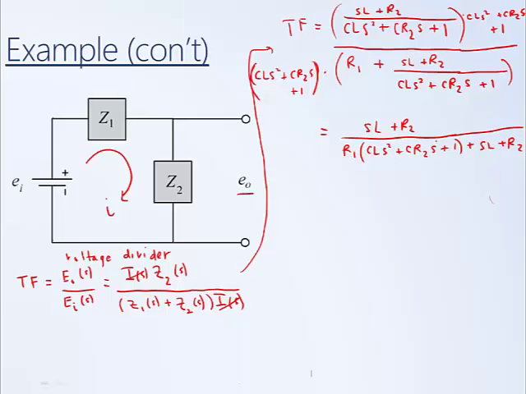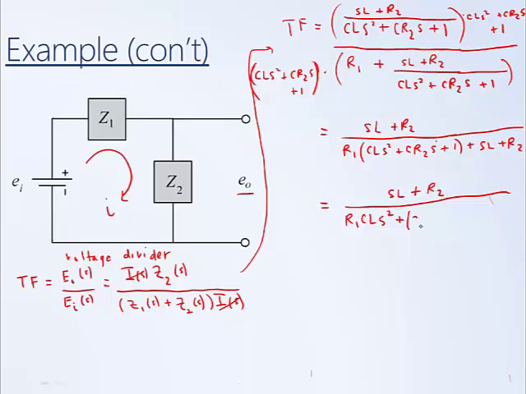We could stop there, or we could distribute the R1 and gather like terms. So I'll go ahead and do that real quickly. Our numerator is SL plus R2. If I distribute this R1, I'll have R1 times C times LS squared. If I distribute the R1 to this term, I'll have an S term, and I also have this S term.